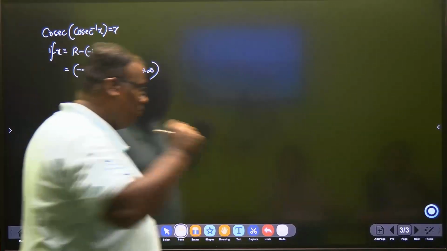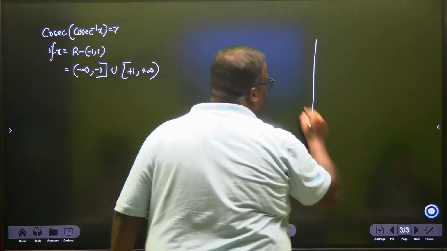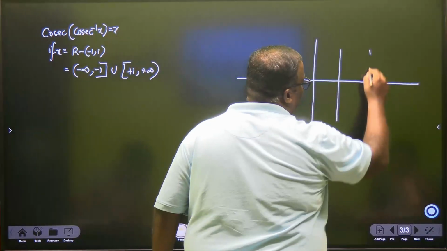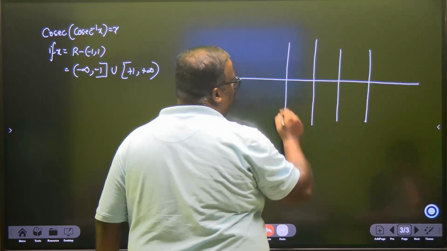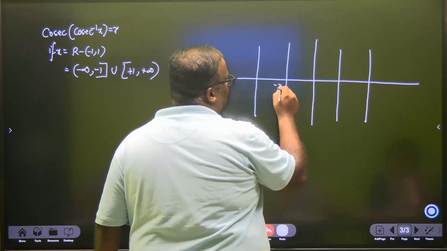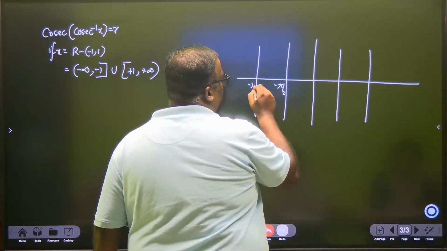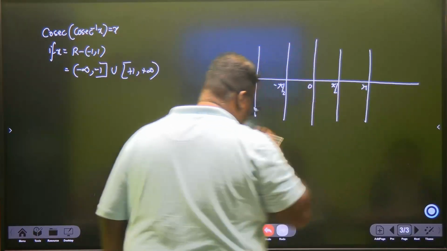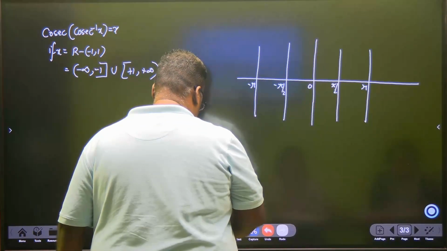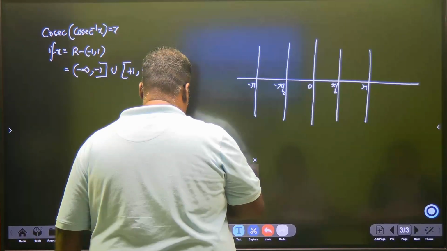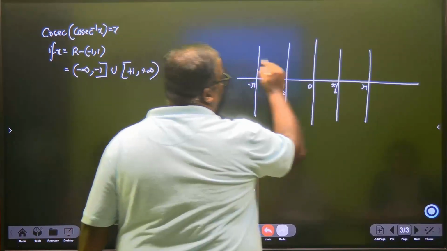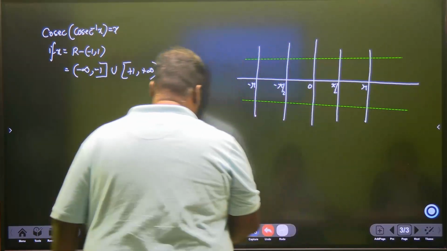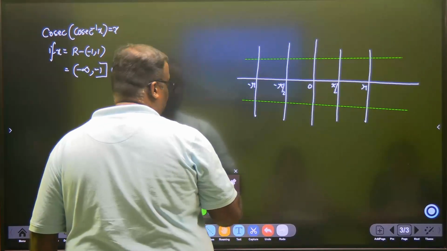Okay, let's see it with the graph. It becomes more interesting. Pi by 2, pi, minus pi by 2, pi. Let me first plot the ranges. Plus 1, minus 1. And let's plot the sine function out here.